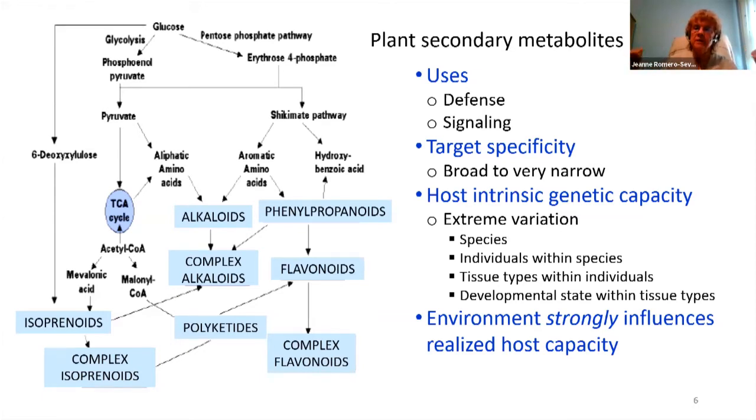Any plant has an intrinsic genetic capacity, hard-coded in the DNA, to produce a range of metabolites, 10 to 20,000 different metabolites in each individual. But what you actually see at any given time is subject to extreme variation. It can be dependent on species.